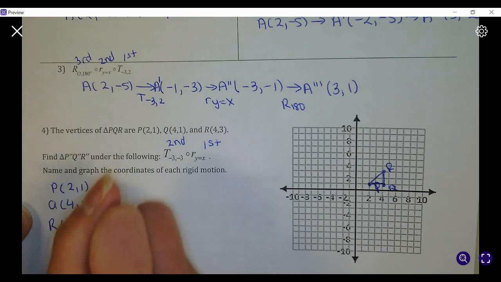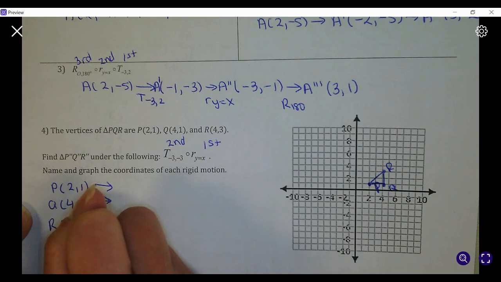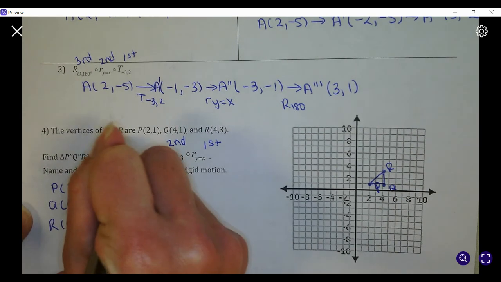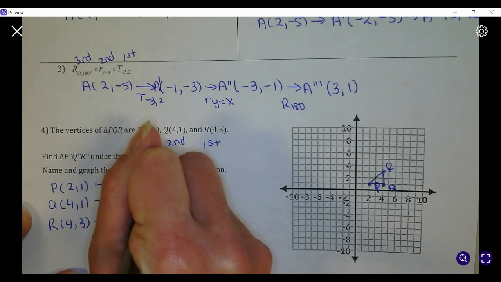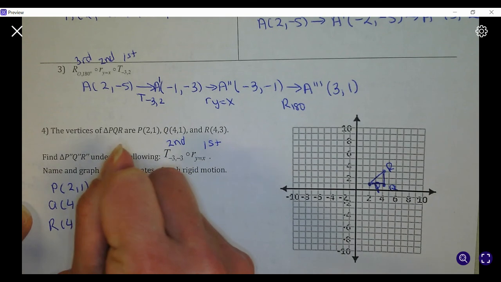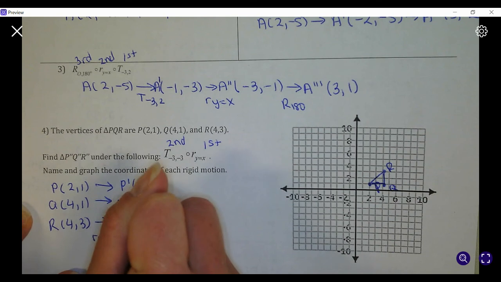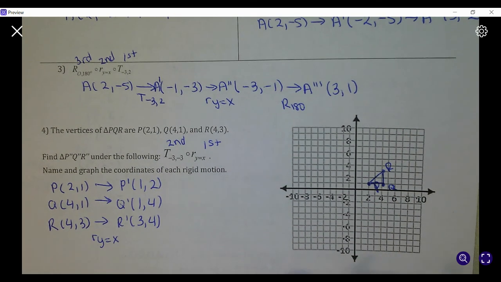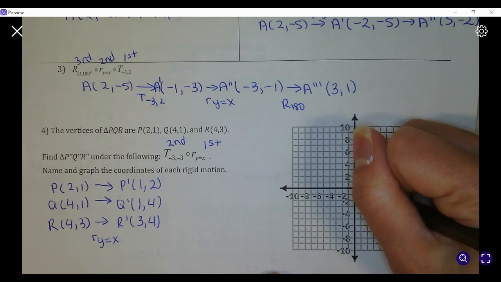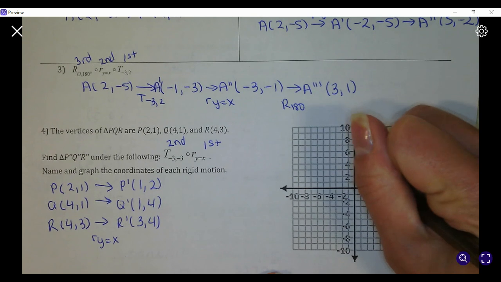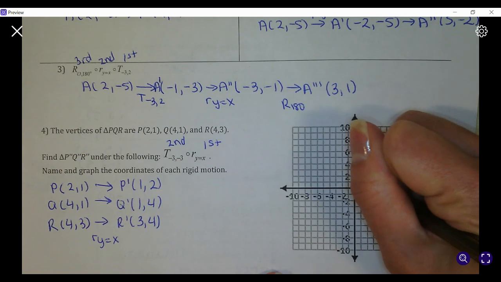So I'm going to take my original coordinates and recopy them. The first thing that they want is reflect over y equals x. That rule says you flip your coordinate. So these are my new points. Let's plot those and make sure it looks right. I'm going to plot the coordinate 1, 2, 1, 4.